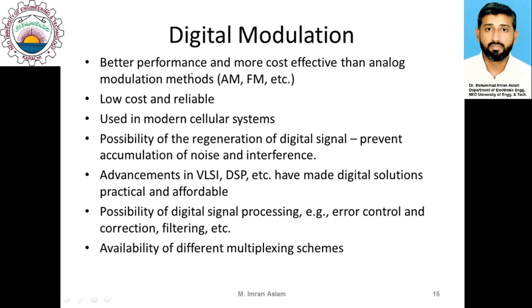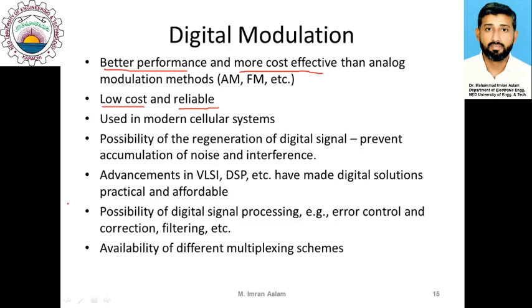They are better in terms of the performance, and in general they are more cost effective, as we know that the digital hardware is generally low cost and more reliable as compared to the analog hardware.